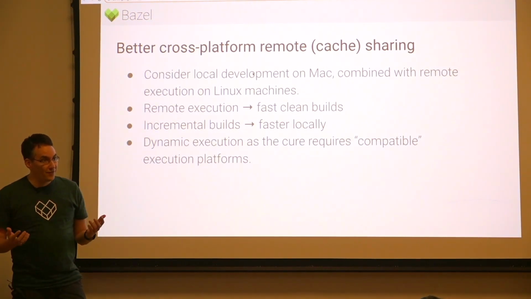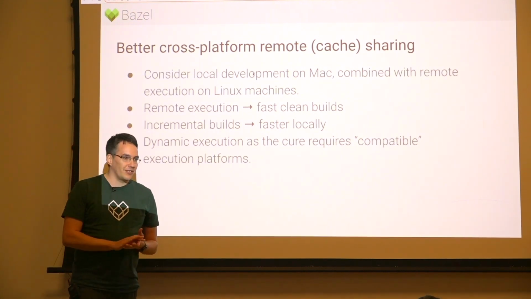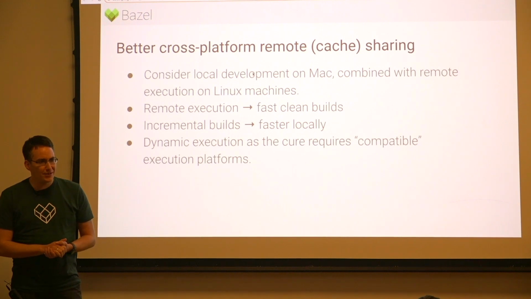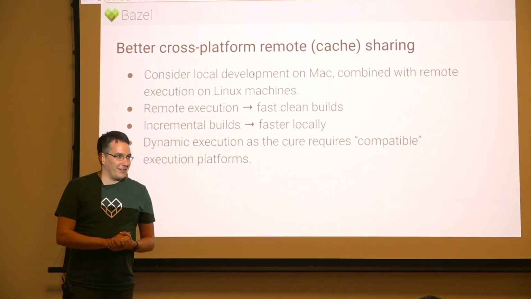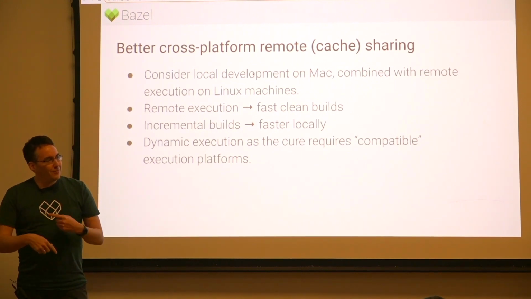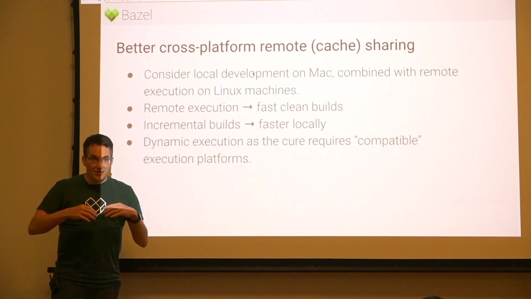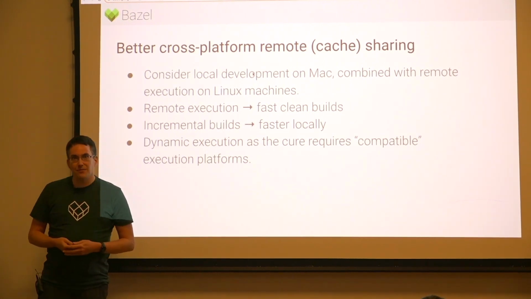It makes this a lot faster. But for incremental builds, you really want to use your local machine, especially these beefy M1 machines. They make this iterative development really fast. So we want to mix those two things, and we thought about that.